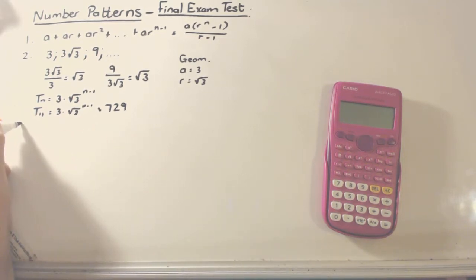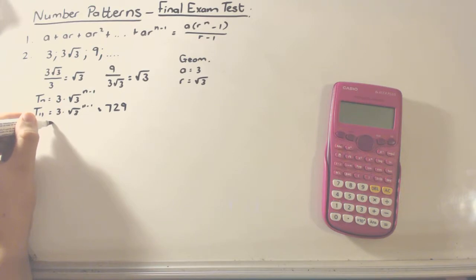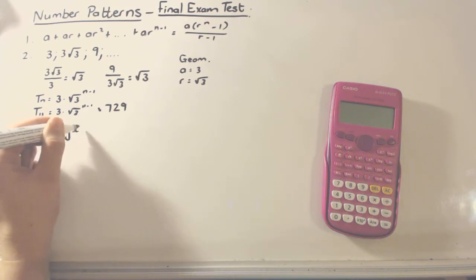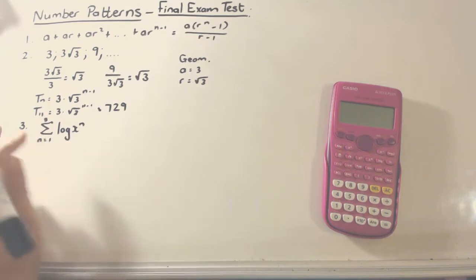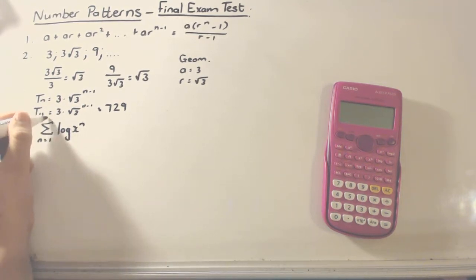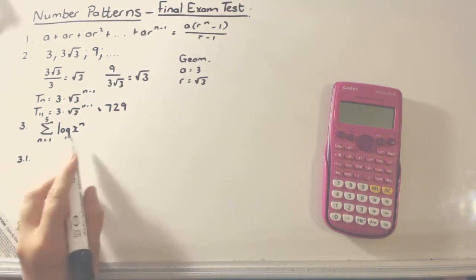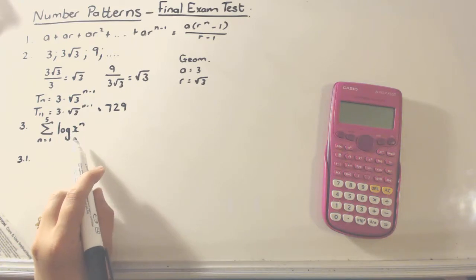Then question 3 says given that the sum of n from 1 to 5 of log x to the power of n. Question 3.1 says write down the first 3 terms of the sequence.